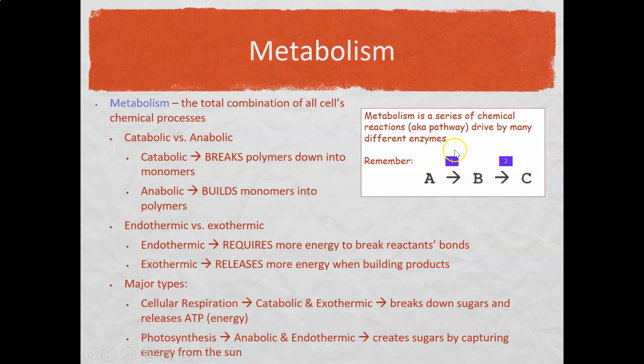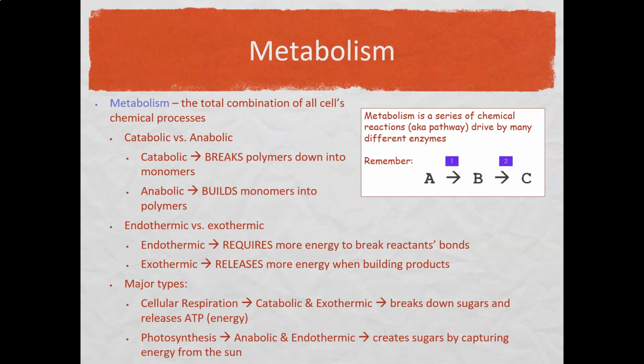If those enzymes aren't doing their jobs, that means I can't do one step of that pathway, which means I'm not going to ultimately get the end goal. That's a really big problem when we look at genetic mutations that may alter the way those enzymes get produced, or some other environmental conditions, like it gets too hot, or the pH is off and those enzymes are denaturing. And so that really messes with your metabolism as a result.